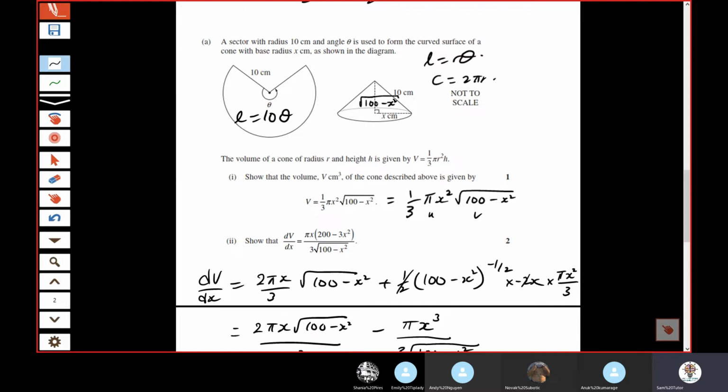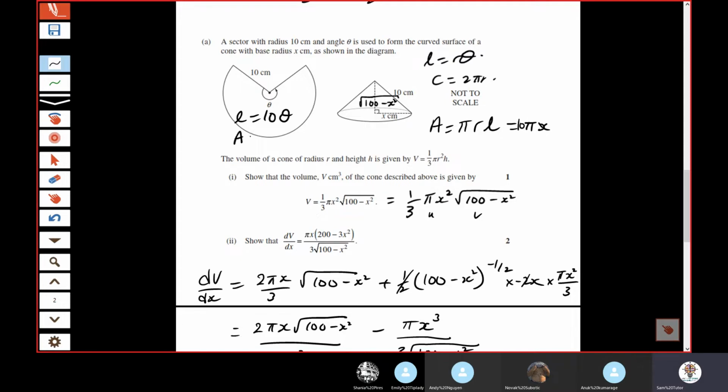We also know the curved area here. The area is pi RL, isn't it? So we know that area is pi times x times 10, so 10 pi x.